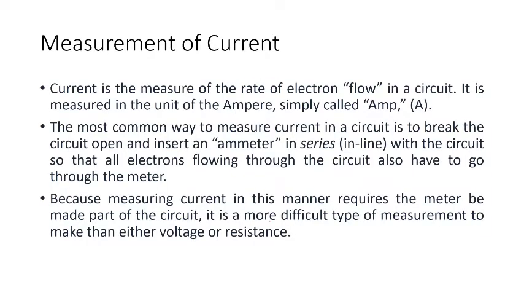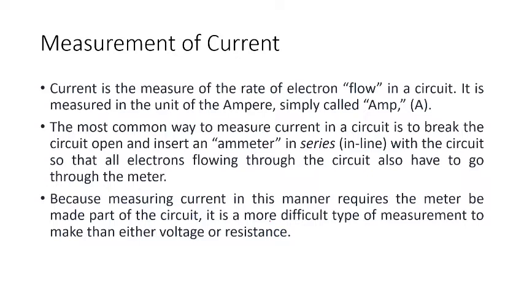So now let us proceed to the measurement of current. For measurement of current, one thing that you have to keep in mind is the ammeter is always connected in series with that element. Fine. In the previous method, which was measurement of voltage, we connected the voltmeter in parallel with that element.